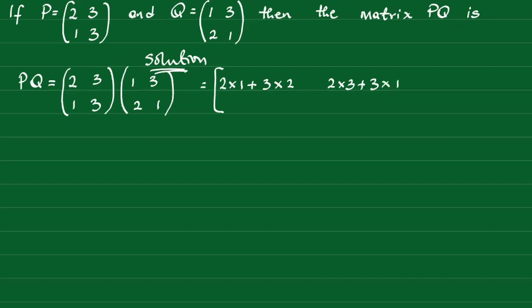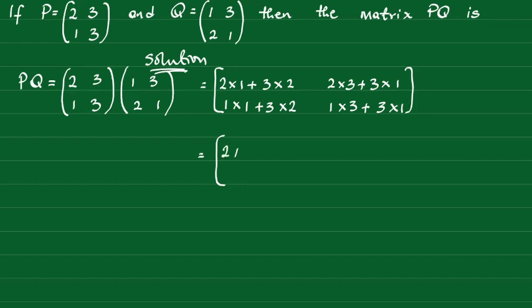Move down and we have 1 times 1 plus 3 times 2. We have 1 times 3 plus 3 times 1. Bracket close.